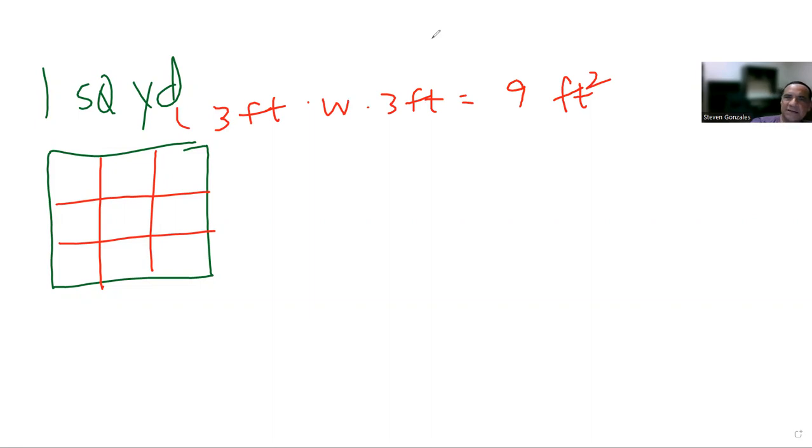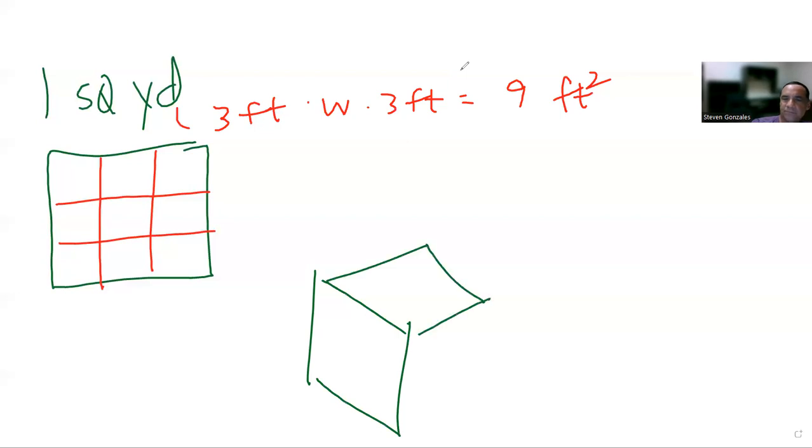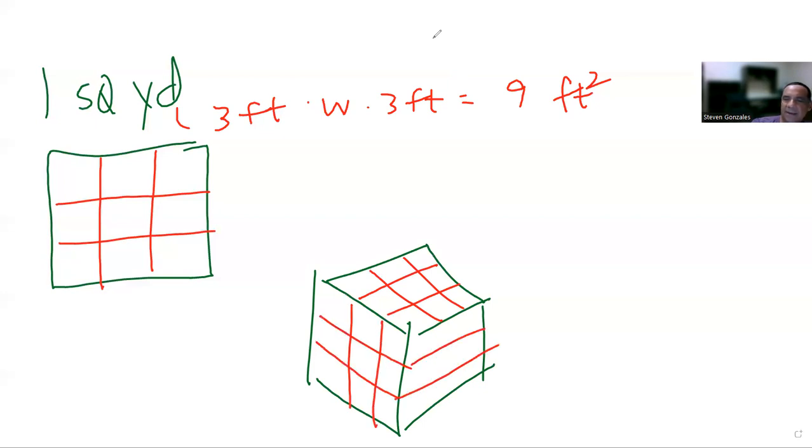Even more confusing is the cubic yard. Once again, I already have my 3 feet by 3 feet, but then I'm making this as well. You're going to realize that, like a Rubik's Cube, there's 27 cubic feet.